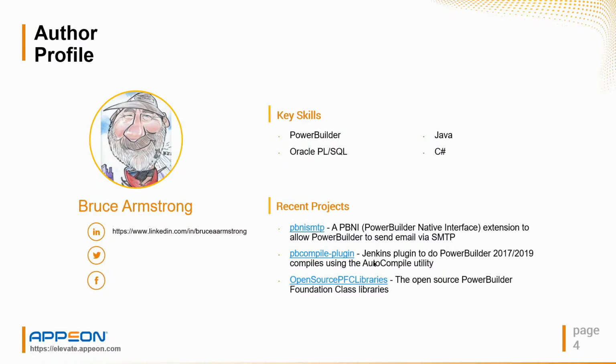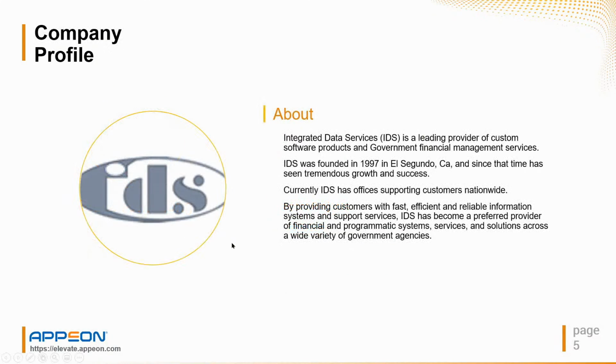One of them takes the autocompile utility that comes with PowerBuilder 2017 and 2019, and uses it to do automated builds of PowerBuilder applications. So if you're looking to do continuous integration, that's something you might want to check into. Anyway, a little bit about the company I work for.